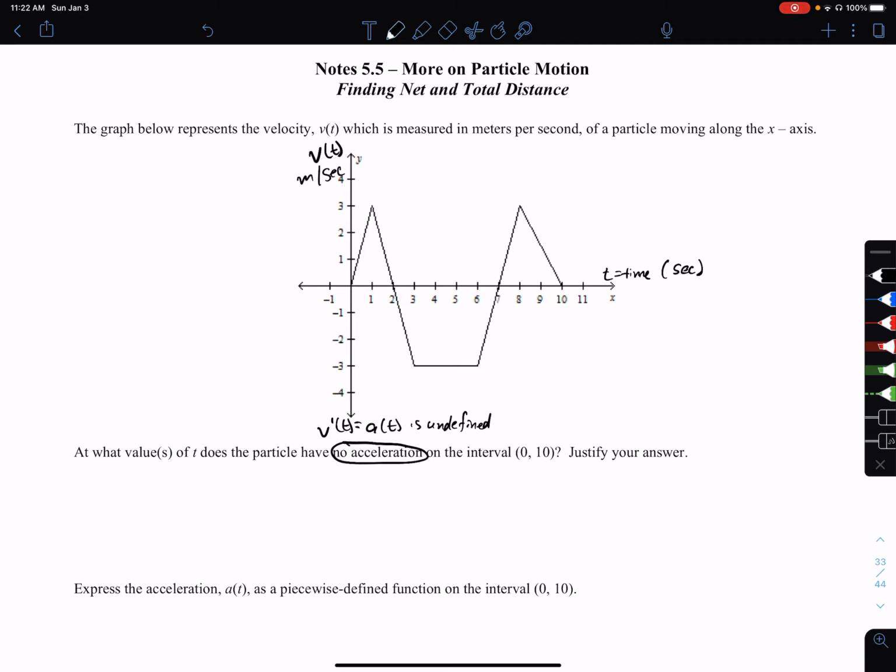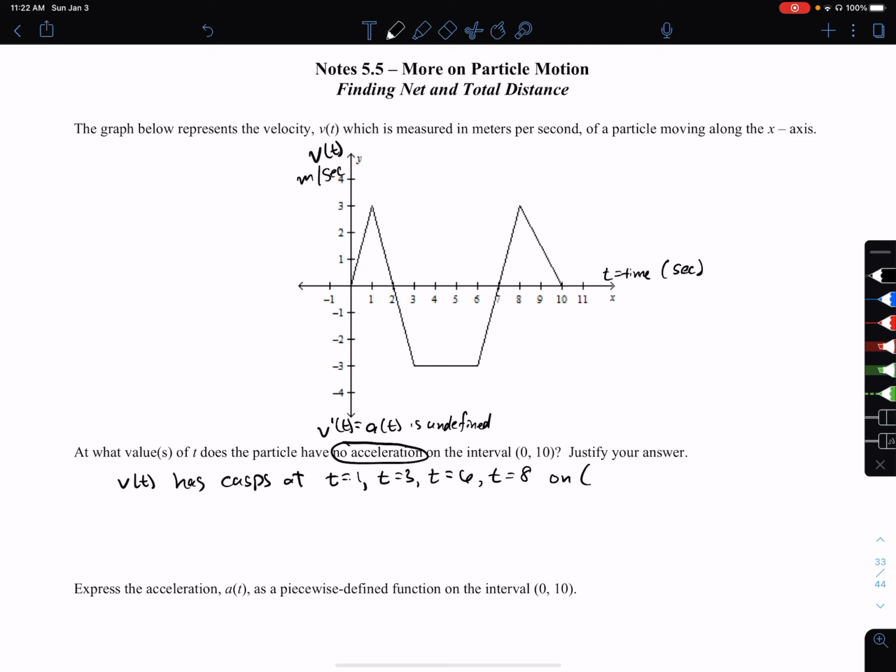So we could say v of t has cusps at t equals 1, t equals 3, t equals 6, and t equals 8.